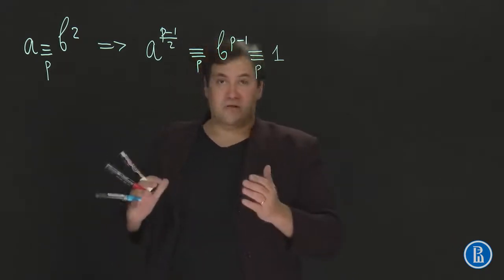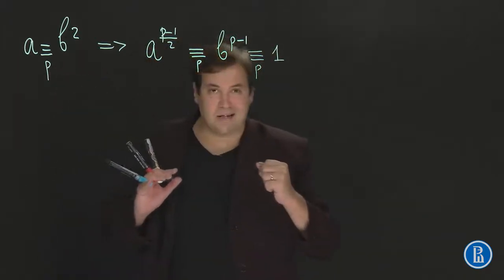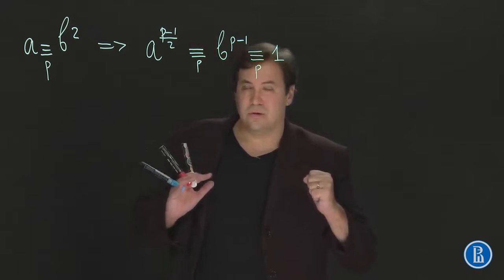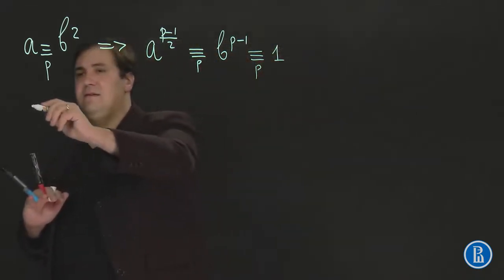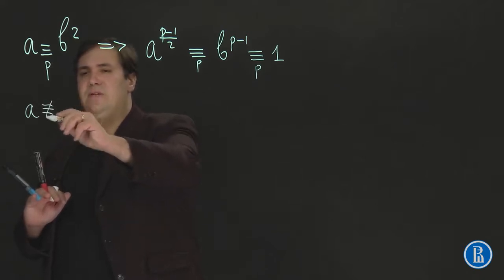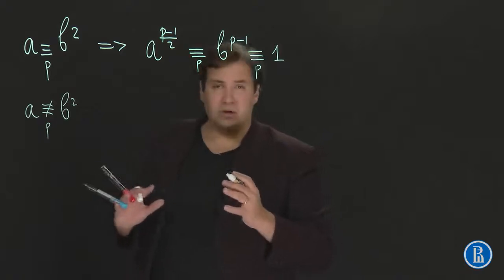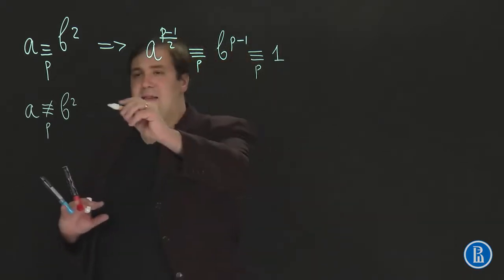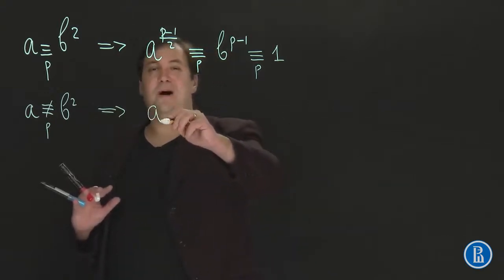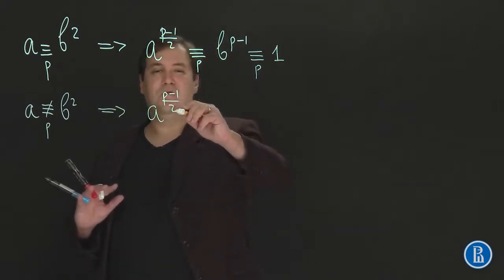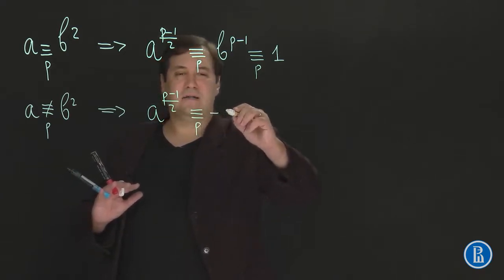So, for every quadratic remainder A, we see that A to the power (P minus 1) over 2 is congruent to 1. And what if A is not a quadratic remainder? So, it is not congruent to B squared modulo P for any B. Then, in this case, it appears that A to the power (P minus 1) over 2 is congruent, modulo P, to minus 1.